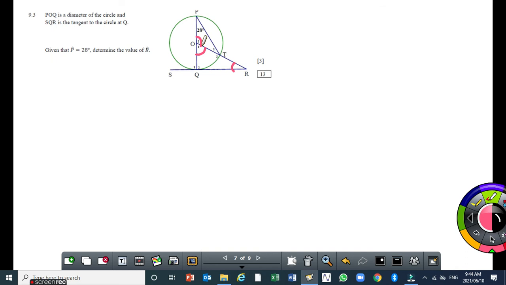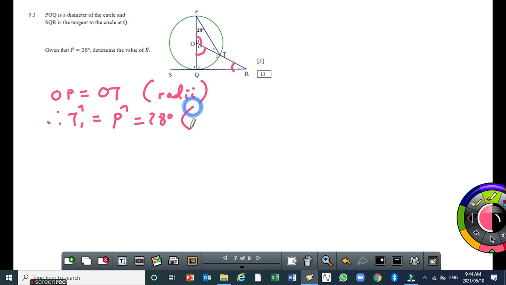The first thing I'll say is OP is equal to OT. Why? Because these are radii. Therefore T1 is equal to angle P, and they are both equal to 28 degrees. The reason is angles opposite equal sides. I'm almost there.